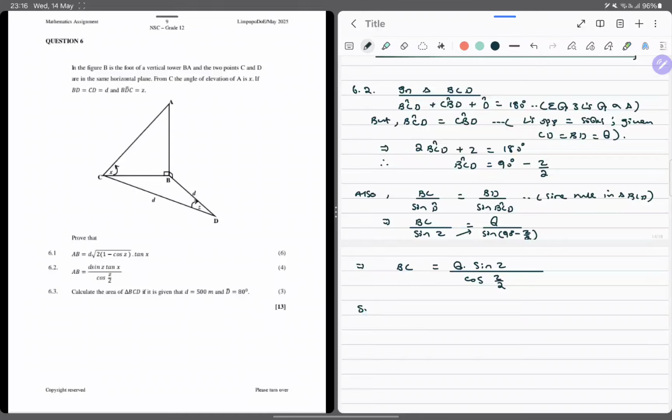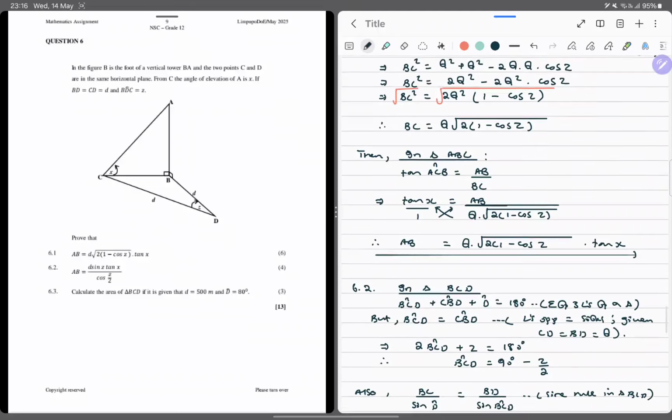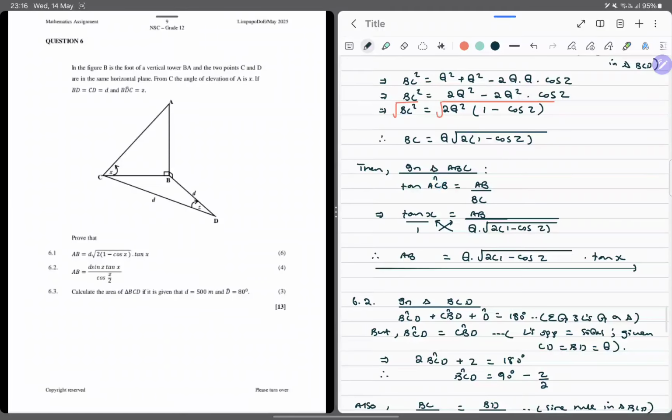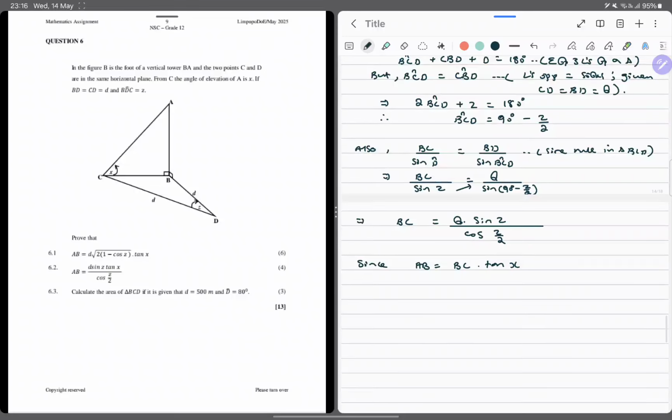So we can say since AB is equal to BC times the tangent of X from above, of course, when we solved here, we saw this. Perhaps I should have kept that BC before I substituted, but it's not a big deal. You can say in question whatever, it's not a big deal.